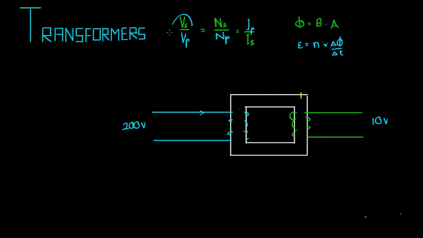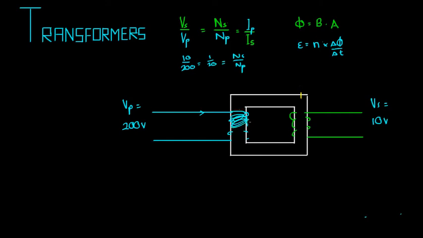Well, let's use this formula over here. The ratio of the secondary voltage, Vs, is equal to 10 to the primary voltage, Vp, is equal to 200. Is 10 over 200, which is 1/20th. And that has to be the ratio of the secondary loops to the primary loops. So there has to be one secondary loop for every 20 primary loops here.